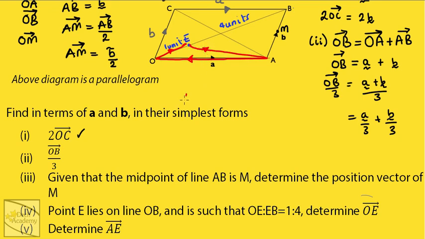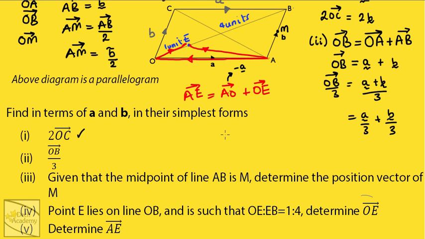In other words, the vector AE is vector AO plus the vector OE. Now, the vector OA is this lowercase a here. So AO, which is in the opposite direction, is going to be minus A.